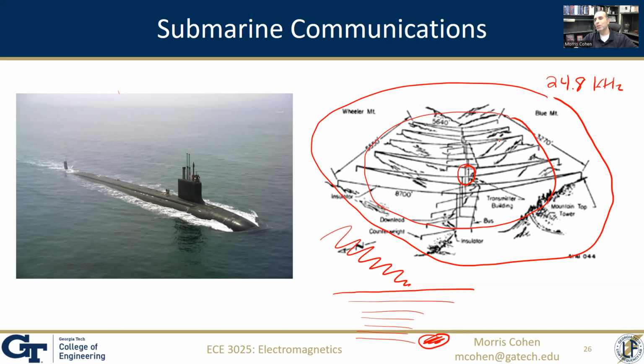Take ECE 4370 and you'll see a lot more about that. But this enormous antenna right here is basically thousands of acres long in order to be able to produce this signal. While this facility costs many millions of dollars to operate every year, it is worthwhile because it's pretty much the only way to get a radio wave under the sea surface, where you have a reasonable enough connectivity. So it's just an application of where good conductors and skin effect can come into play.